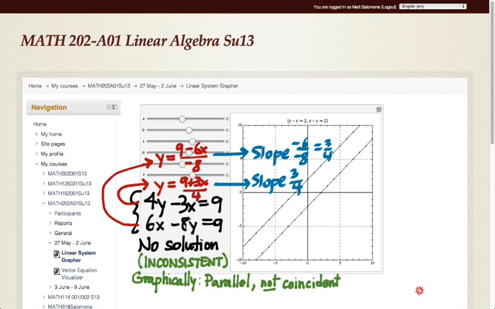And how can we tell that they're not the same line? They have different y and x intercepts, right? In particular, the y-intercept of the second line is going to be the constant term in slope-intercept form. And the intercept, therefore, is 9/4 for the second equation. But for the first equation, what's the intercept? 9 over negative 8.